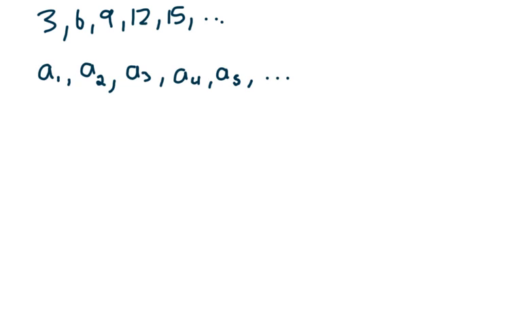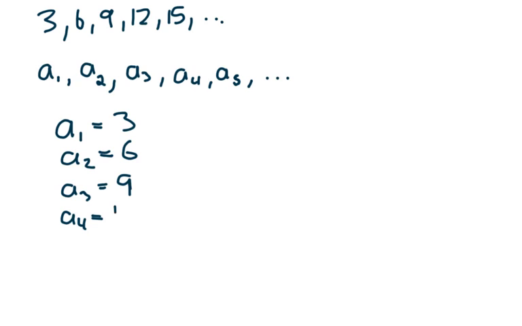Now, here we've got a sequence, and in this sequence, the first term, called A sub 1, is 3. The second term, A sub 2, is 6. The third term, A sub 3, is 9, and the fourth term, A sub 4, is 12.